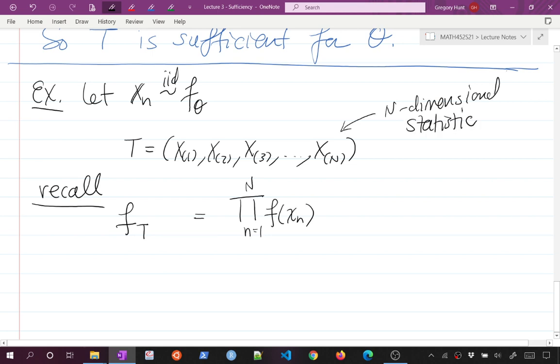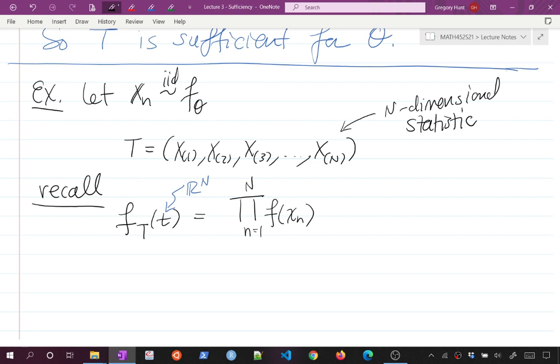Not a very good statistic. It doesn't summarize a lot. All it does is order them. But it's allowed. And so T in this case is also going to be basically in R^n.